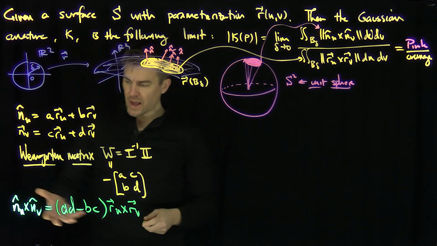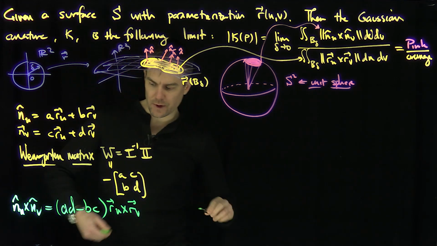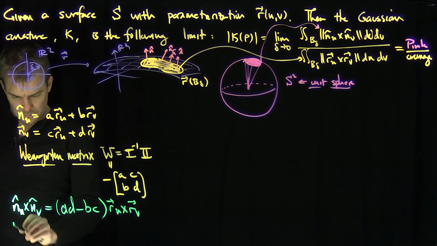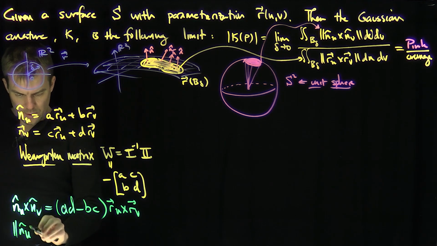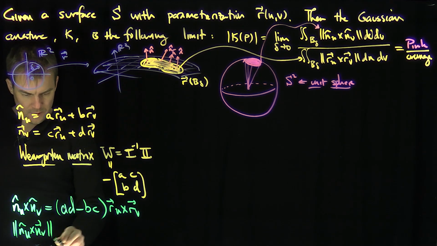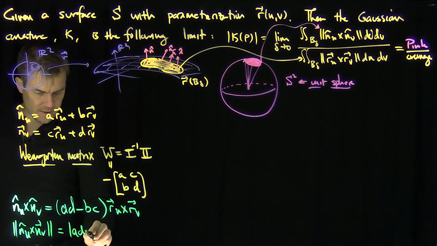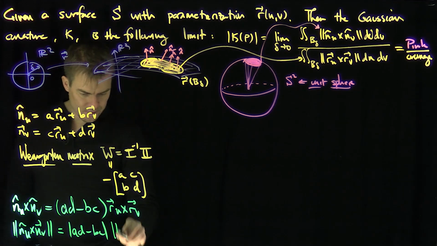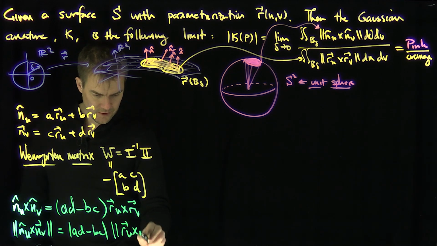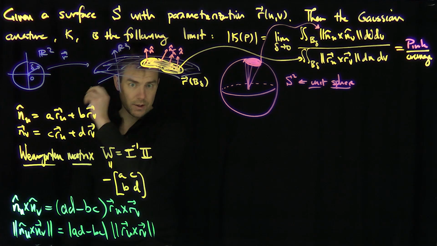Perfect. And so the length of N_U cross N_V is exactly going to be the absolute value of AD minus BC times the length of R_U cross R_V, and this is what's going to save the day in our analysis.